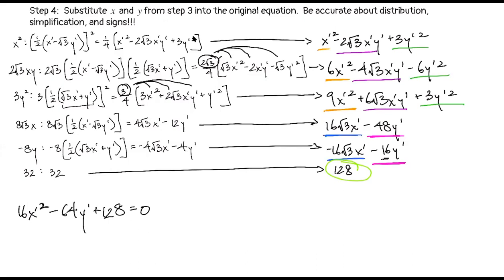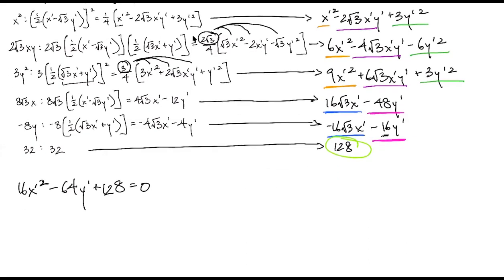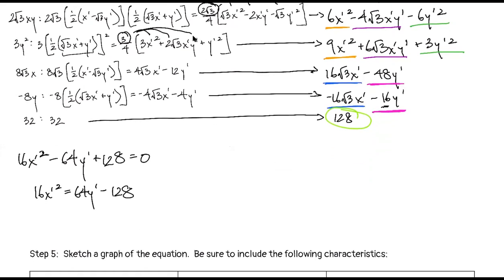Now, because this is a parabola, I want to make sure I know where my vertex is. And so in order to do that, I need to move my y prime and the 128 to the right-hand side. So I'm going to move those to a different side than my x prime squared. So I end up with 16x prime squared equals 64y prime minus 128. Okay. And I'm going to divide everything by 16.